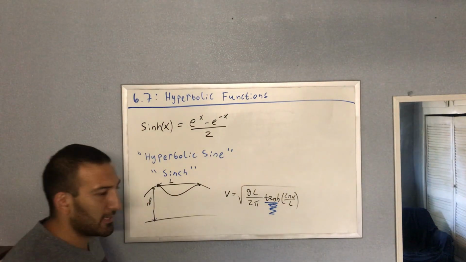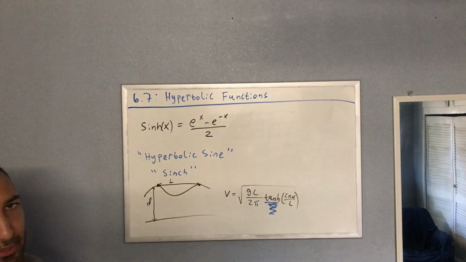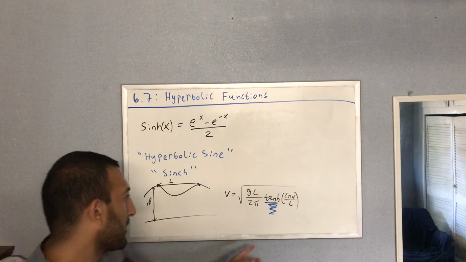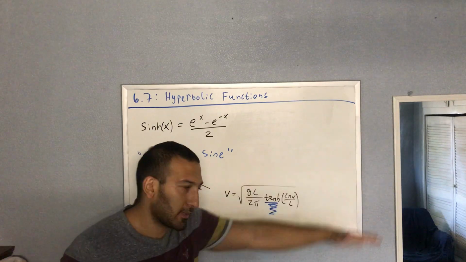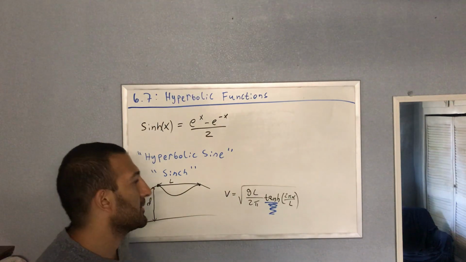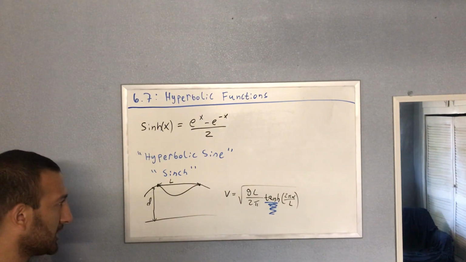I don't think this one has a short version like cinch. If there is one, I haven't heard it, or maybe I forgot. But this is hyperbolic tangent. Notice the velocity of this traveling water wave is described by this tanh. You need the hyperbolic tangent function to describe this.